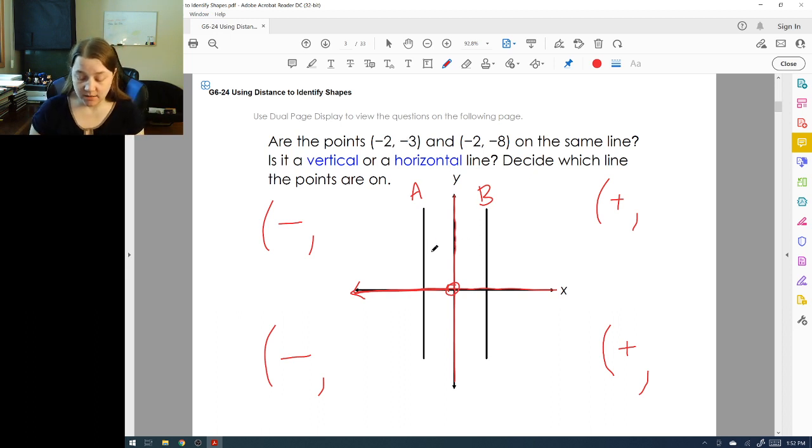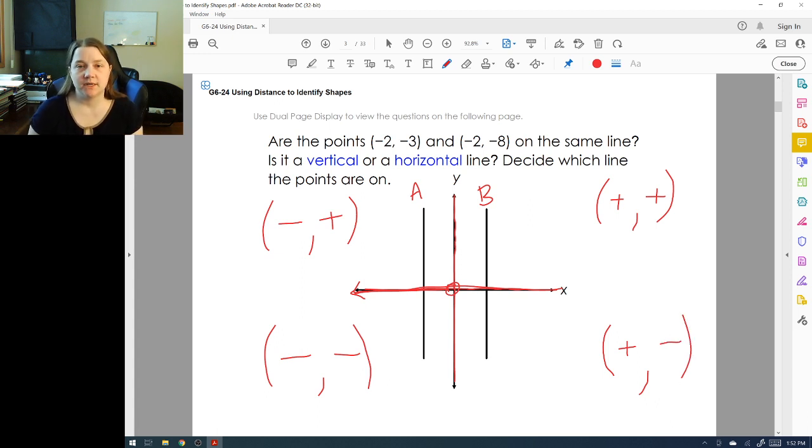Now the second number, if I'm going to jump up high, that means it's going to be positive, which means that anything that is above this line is going to have a positive second number, or a positive y-coordinate. Anything that is falling down would have a negative.